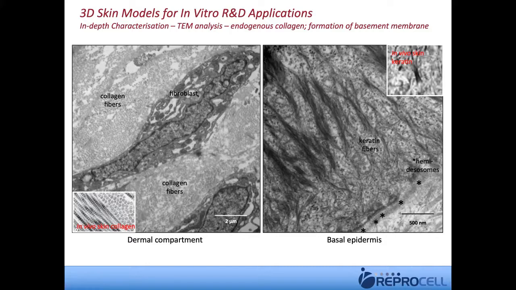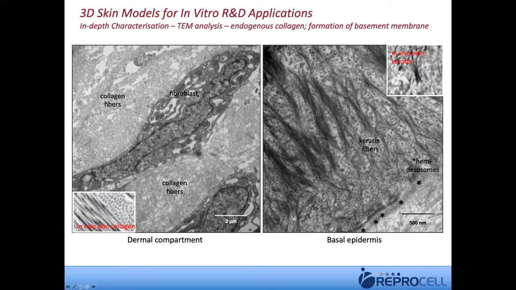And it's really important that that does happen, because if you then seed your cells too early onto these foundations, then you will get invasion of the epithelial cells into the matrix. So we want to avoid that, and we found that 21 to 28 days of growth of the dermis is sufficient prior to the growth of the keratinocytes on the top.